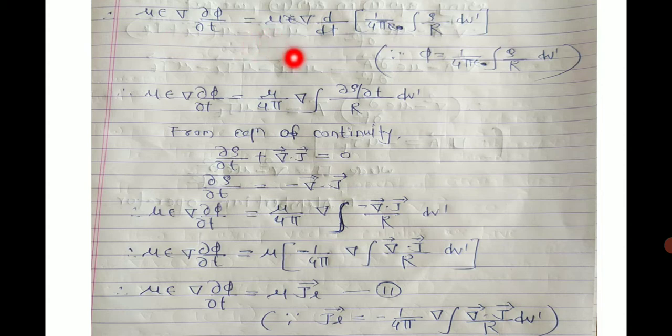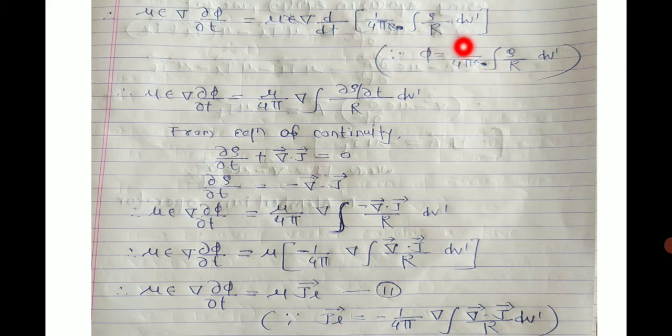με ∇ d/dt as it is, and we put the equation 5. This is the potential due to volume charge density, and we will see in the TYBSc book that φ = 1/(4πε) ∫ ρ/r dV'.